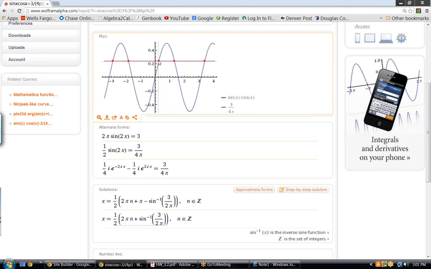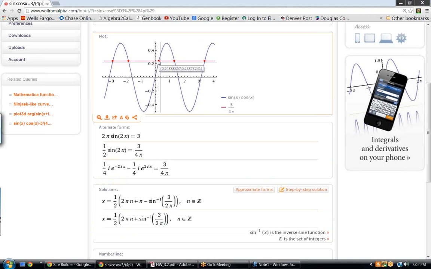So this is the only solution they want right there, 0.2488. In other words, they want the solution where n equals 0.